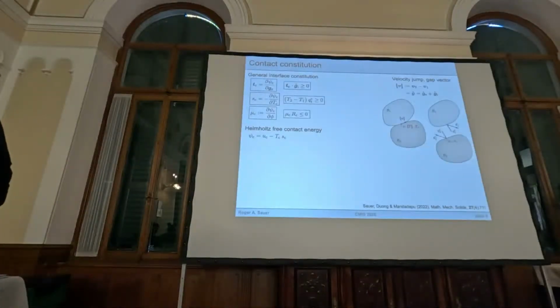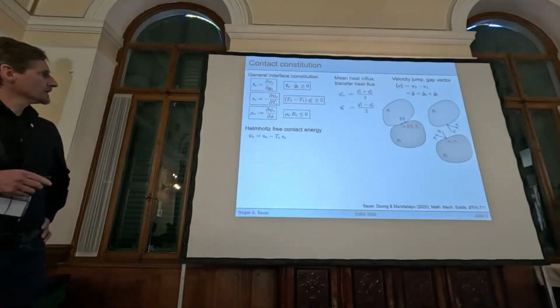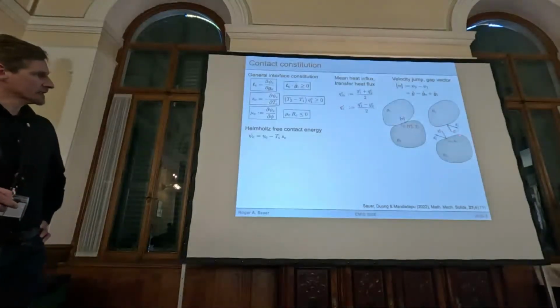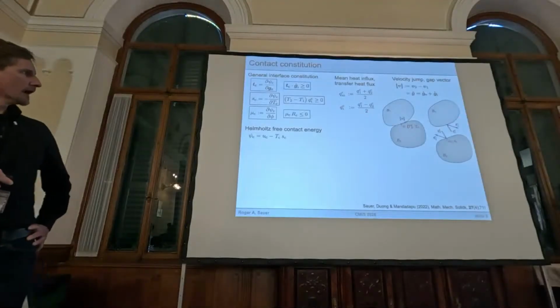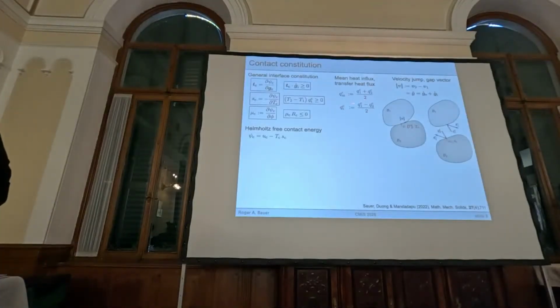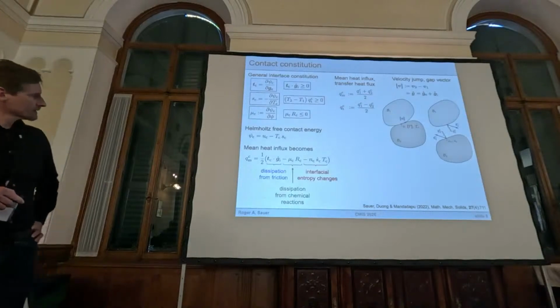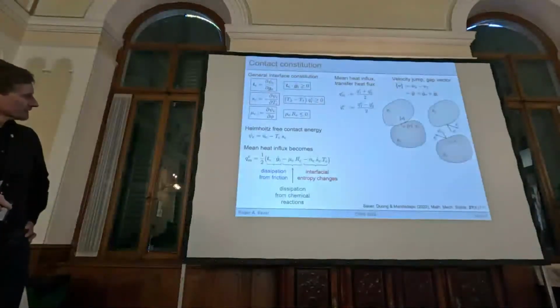In here, the GE would be the two parts of the velocity jump. Additionally, I'm introducing a mean flux, which would be the mean of these two influxes here. And the remaining part, which I call the transfer flux, would be the amount of heat transferred from one body to the other. That's advantageous because this part can then be found to have the following form.